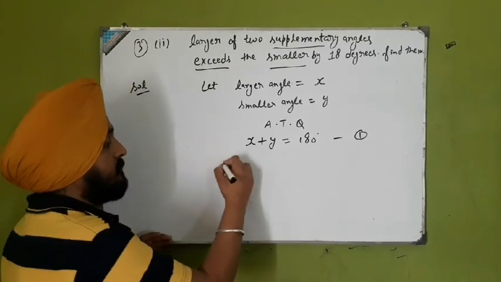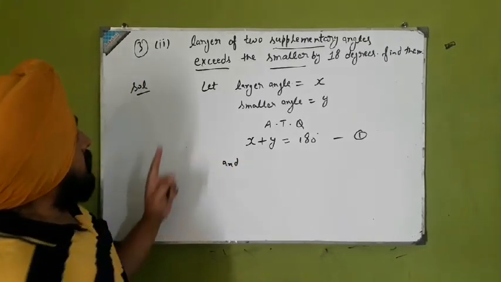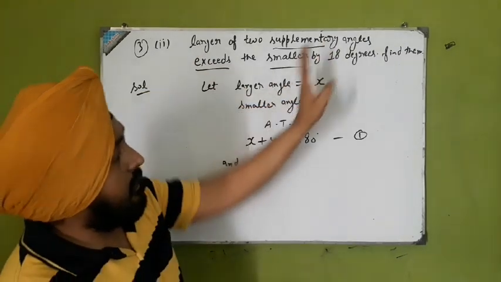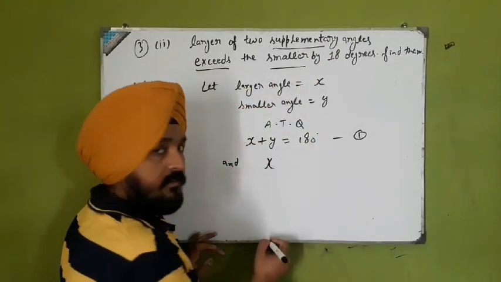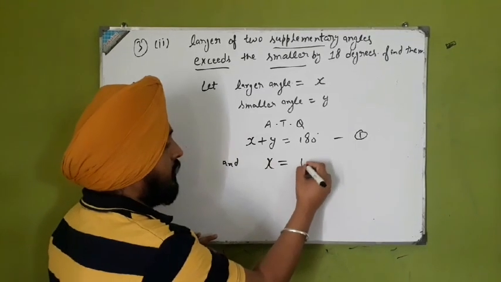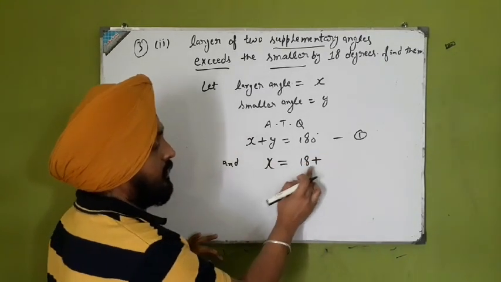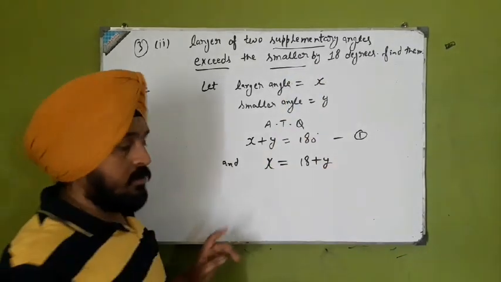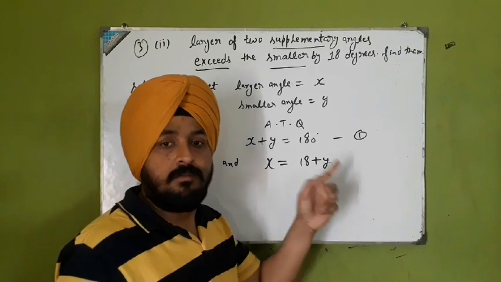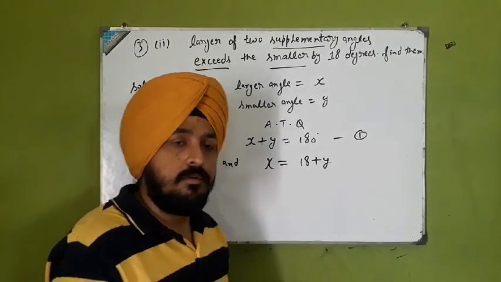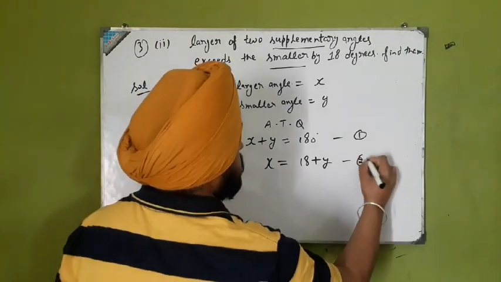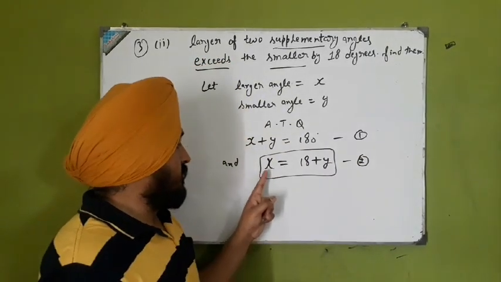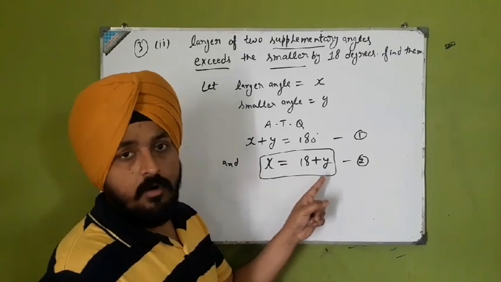Now for the second equation, it's clear. The larger angle exceeds the smaller by 18. The larger angle x is 18 degrees more than the smaller angle. Clear? So x is equal to 18 plus y, or y plus 18 you can also write. That is equation number second. In this second equation, the variable x is already in the form of variable y.